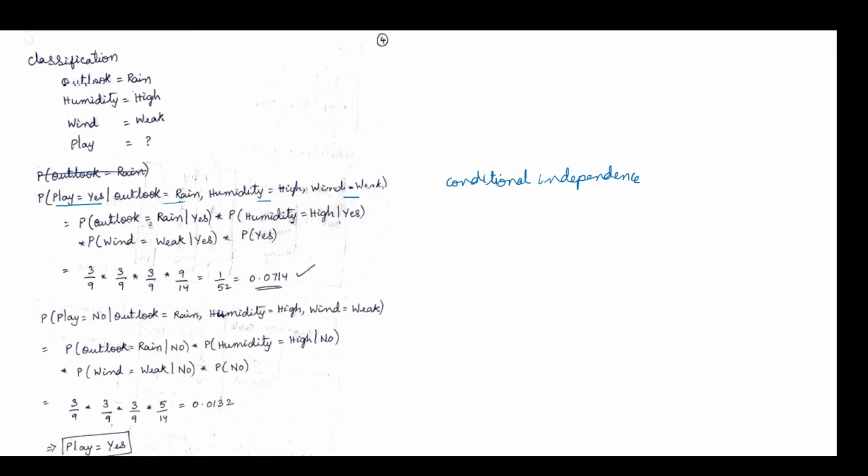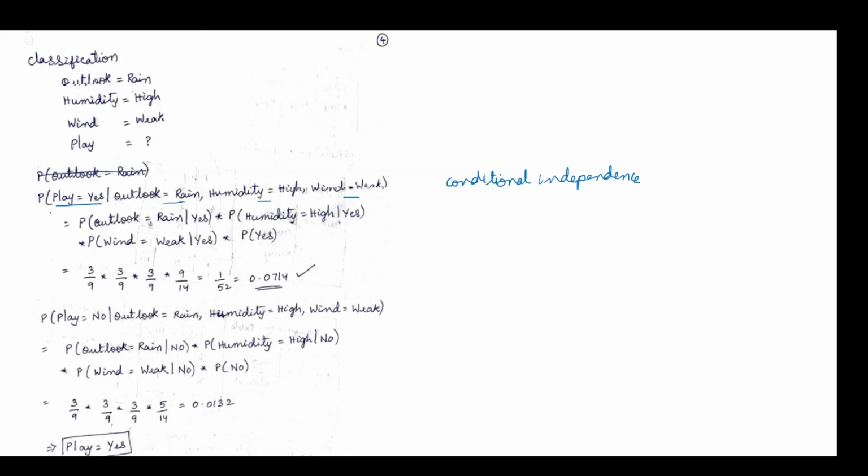all these 3 features are independent of each other. In probability, when we have the 3 features that are independent of each other, then they could easily be considered as multiplication operations.